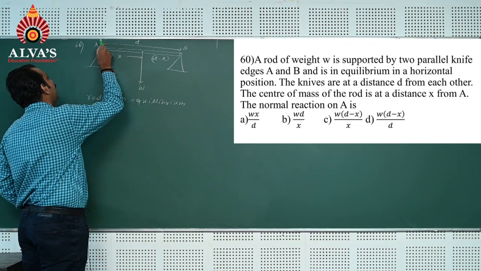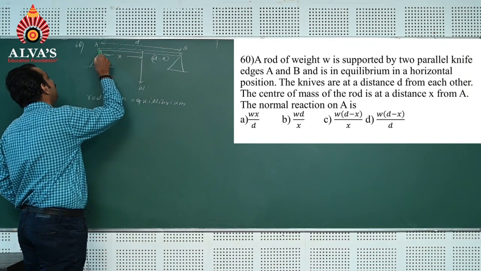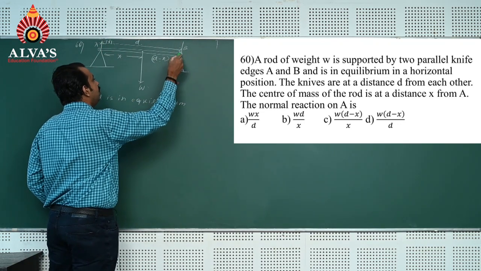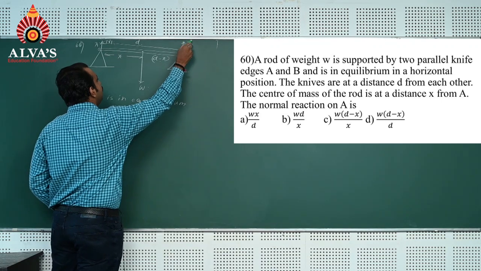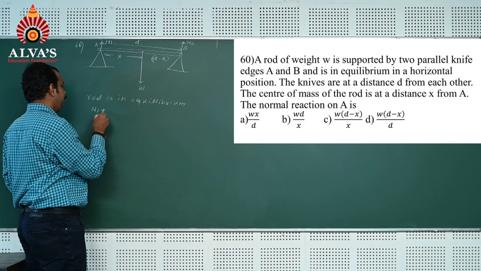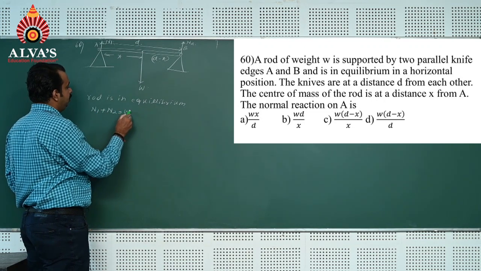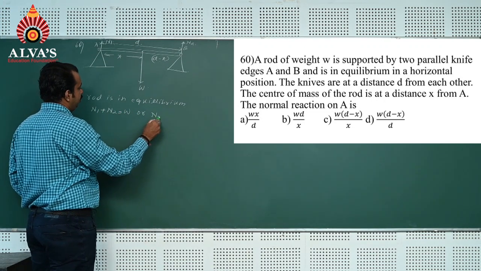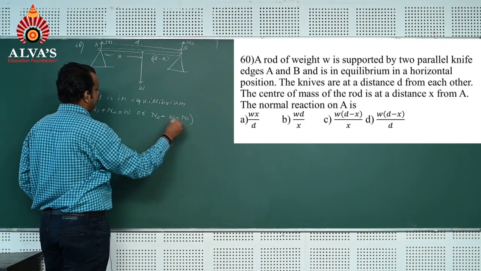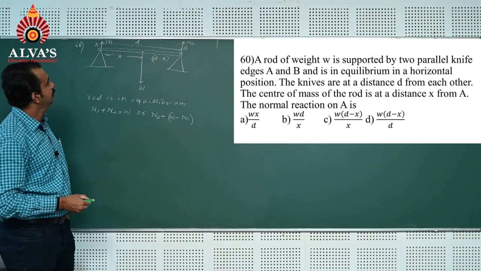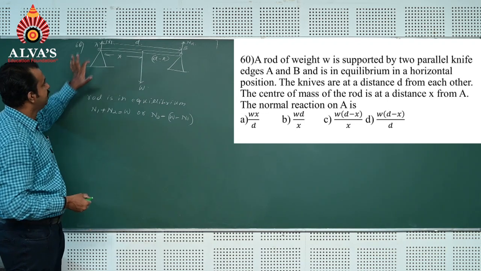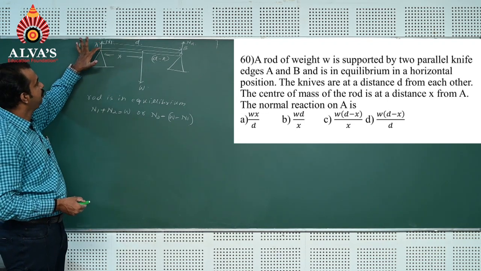The upward force acting on the rod by this knife edge at A I consider as N1, and by the knife edge at point B can be taken as N2. That means N1 plus N2 is equal to W, or N2 is equal to W minus N1. Now, the normal reaction on A is asked in the question.